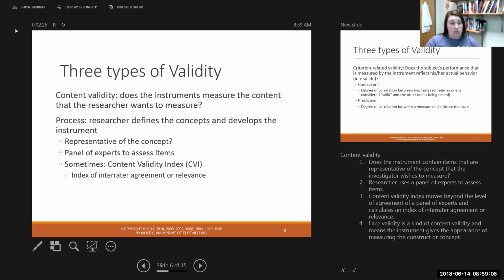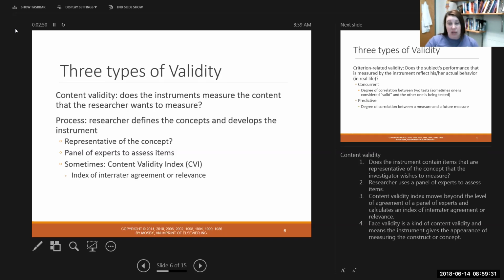Process validity: the researcher defines the concept and develops the instrument. Does this represent the concept? Can you use an instrument that contains items that really seek to measure the concept that we're looking for? You could use a panel of experts to help you assess those items.